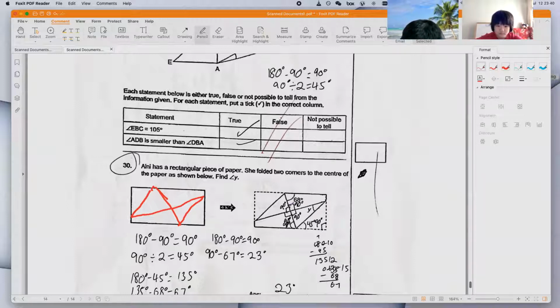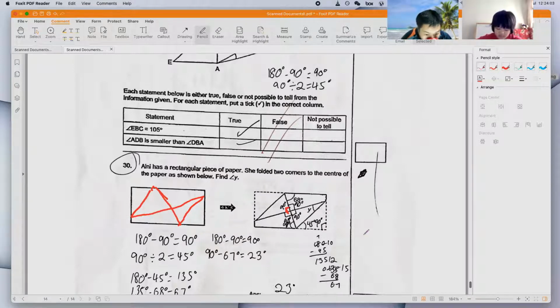Did they say this is 90? Is it given as 90 or you assume? Assume, because this is a corner. Oh, the corner is always 90? I'm not sure.